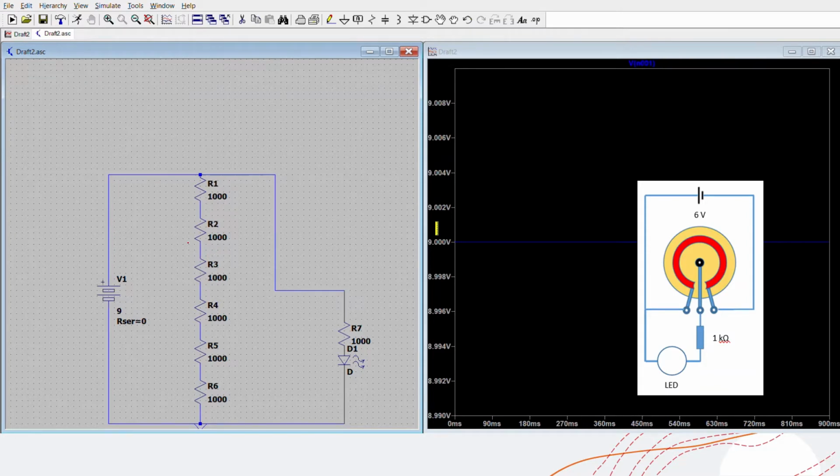Okay, looking at this circuit, we have a parallel circuit of our resistance material here, which is the 6,000 ohms, and the external circuit with 1,000 ohm resistance. So, parallel circuit.